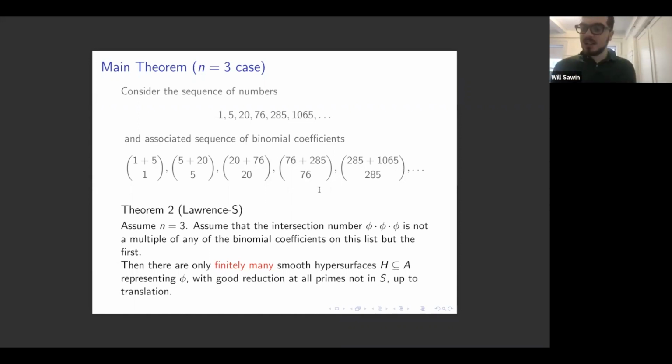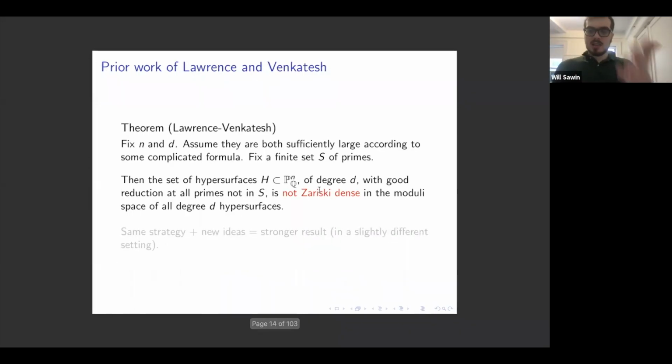To understand our result, the most important prior work is not Faltings' theorem, but the prior theorem of Lawrence and Venkatesh, which is about hypersurfaces in projective space, in case you wanted to know more about that. What they proved is that the set of hypersurfaces of degree d in projective space with good reduction at primes not in S is not Zariski dense in the moduli space of all degree d hypersurfaces.